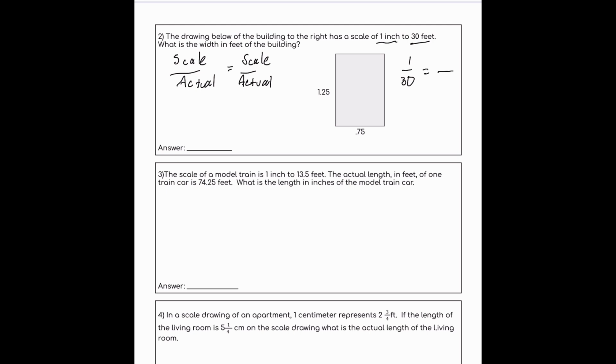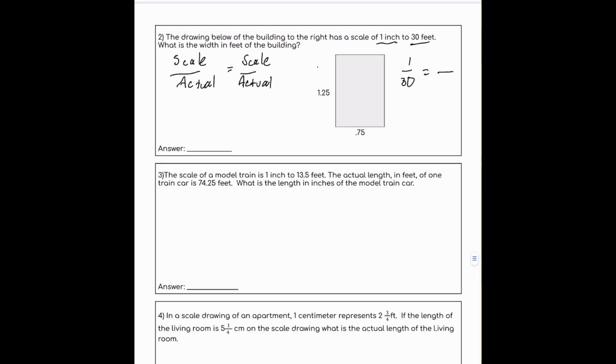Okay? So we're looking for the actual width. What we need to know is the longest side is the length, the shorter side is the width. So we know what the scale drawing width is. It's 0.75.